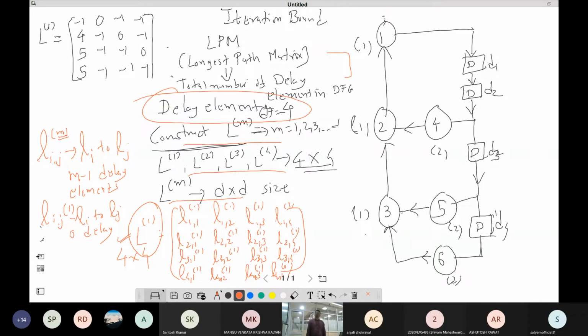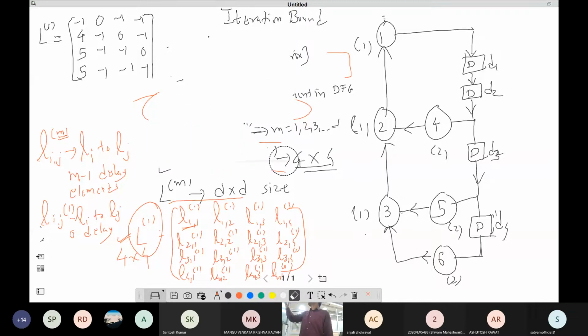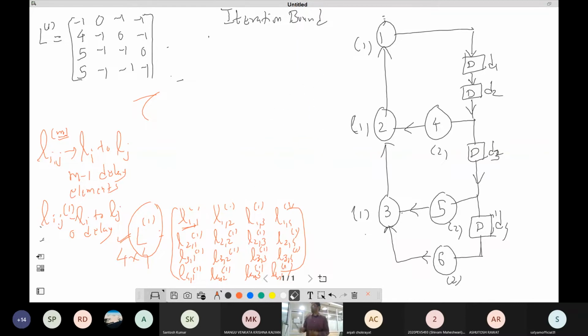Okay, so let's start with the first. Let's say that I am interested in L11. So i is equal to 1, j is equal to 1. Just observe this equation.